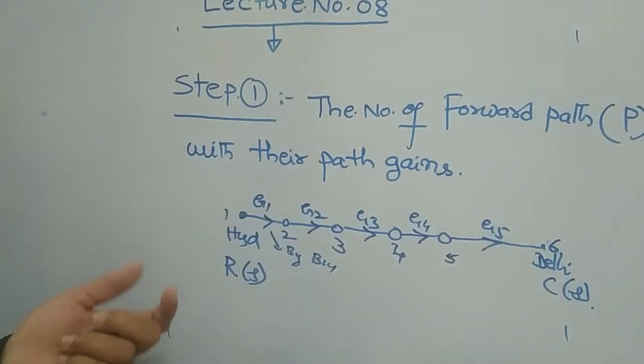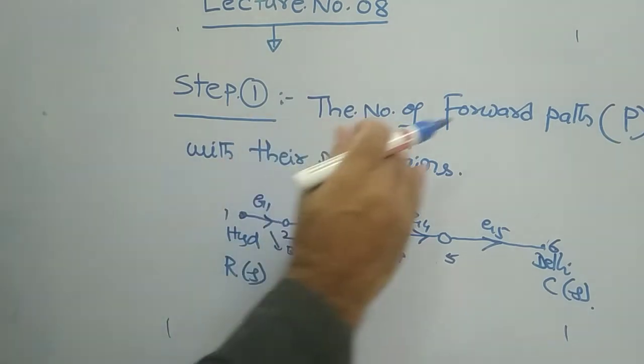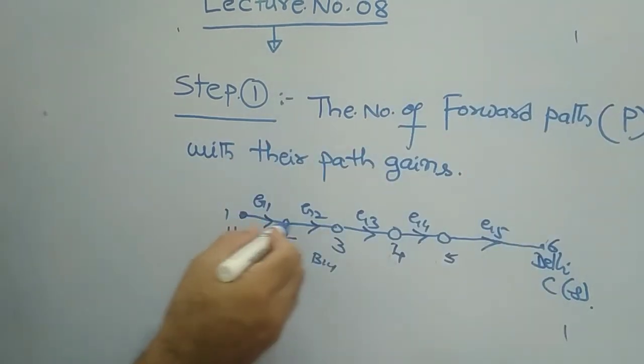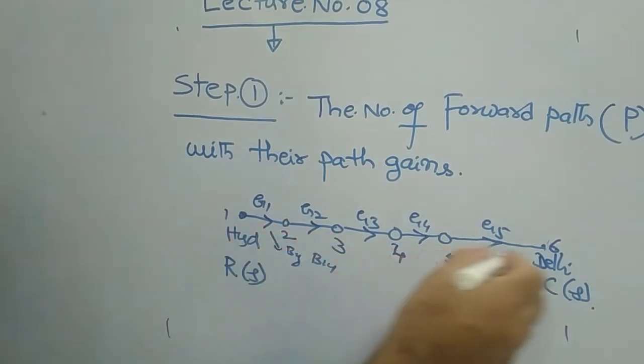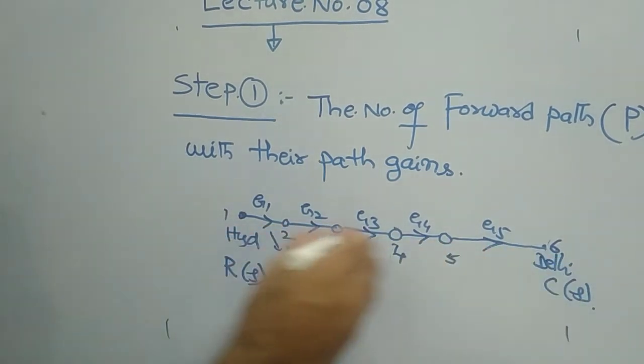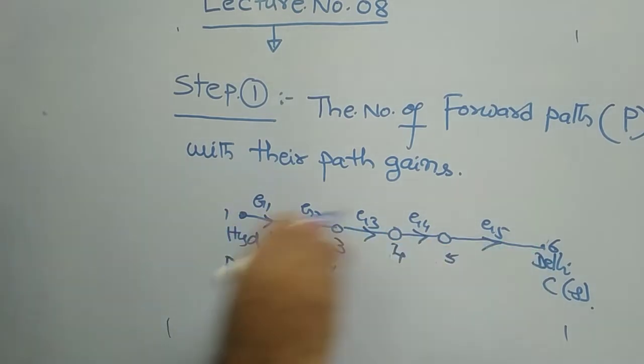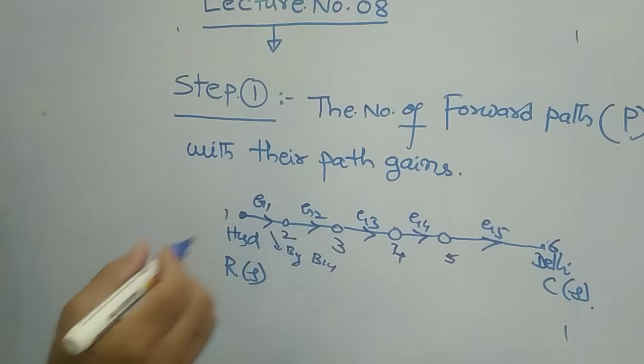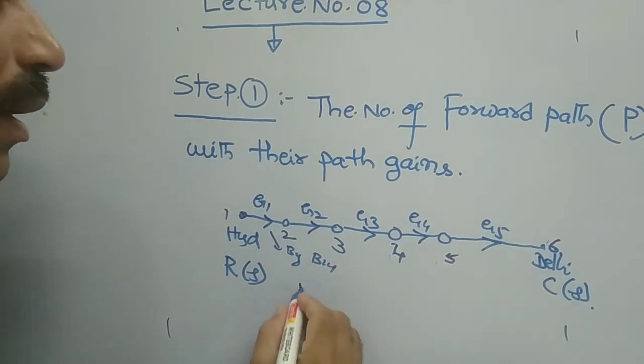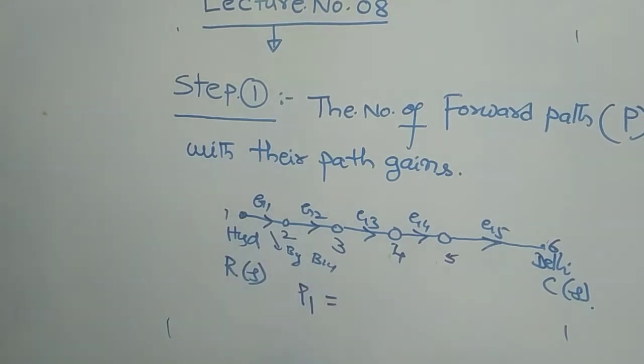Now, as per my step, the number of forward paths, taking the journey by bus, is nothing but the first possible way, your first forward path, which I am taking as P1. P1 is the first possible way from Hyderabad to reach Delhi. Then what are their gains?